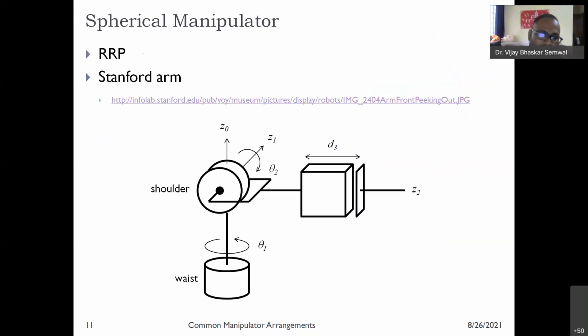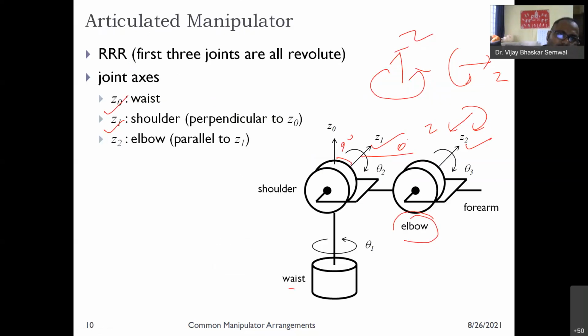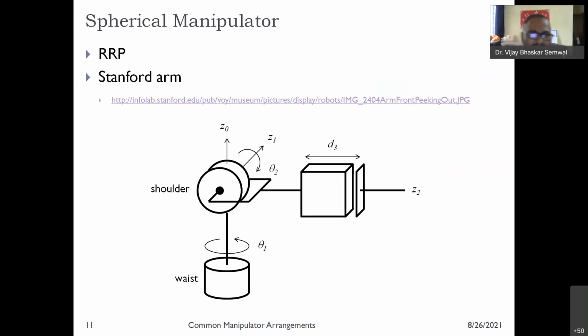Okay. So you can see that standard arms are there. One is the spherical manipulator. This is the revolute articulated manipulator. An articulated manipulator is used when you have to write something or design something. That time we consider the articulated manipulator. Another is the spherical manipulator, in which the first 2 joints are revolute and the last joint is prismatic.